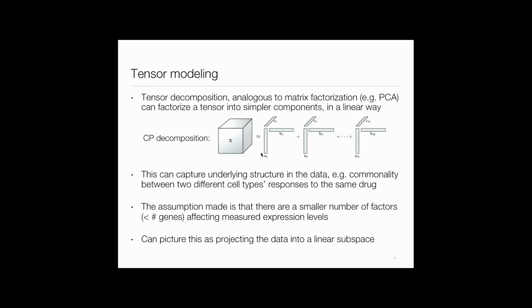This is directly analogous to PCA, where this would simply be reduced to a two-dimensional version of this. Another way to intuit about this is suppose that the A vector corresponds to the gene dimension.